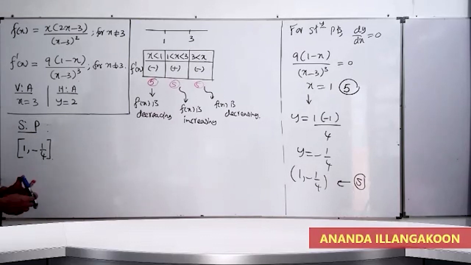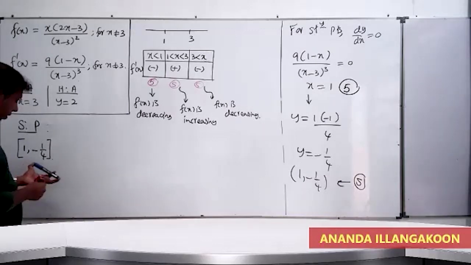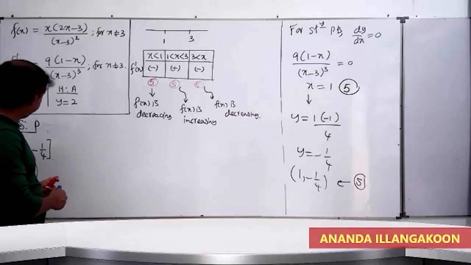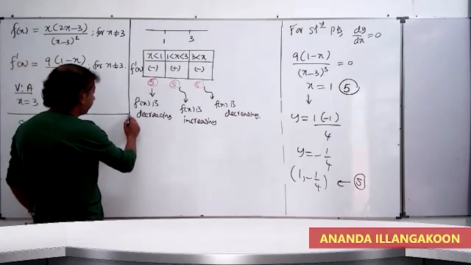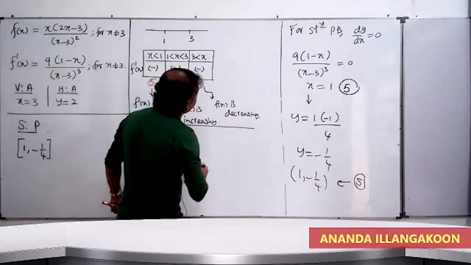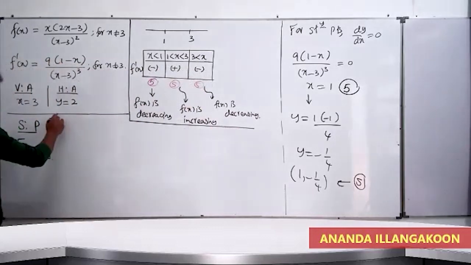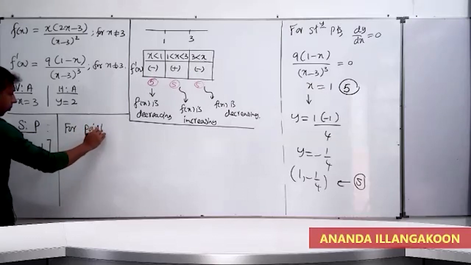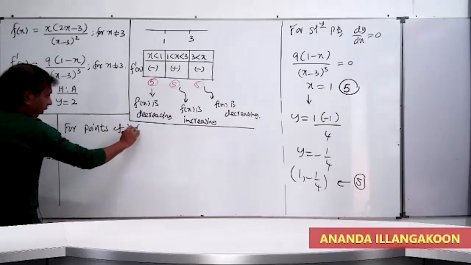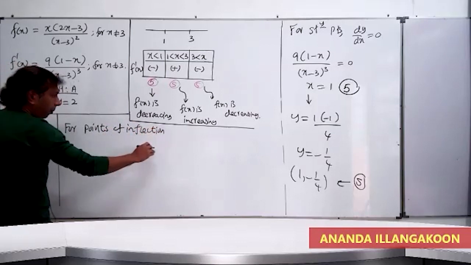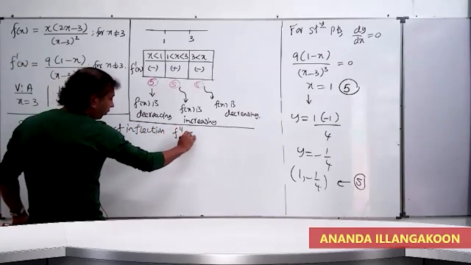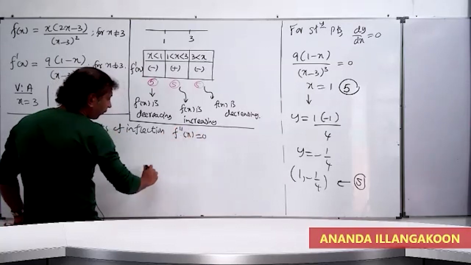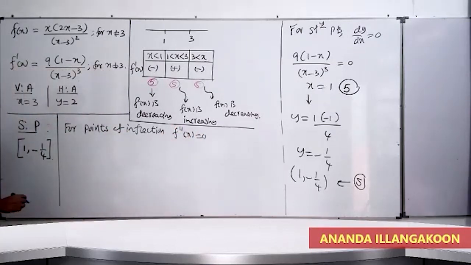Now, the second derivative you have to take. You can now write the point of inflection. For points of inflection, f double dash x is 0. f double dash x is given. What is that?